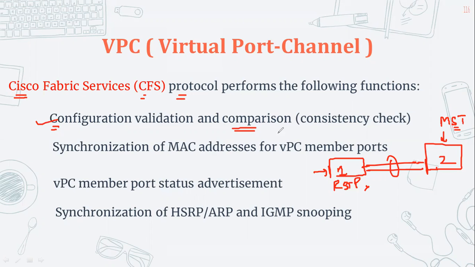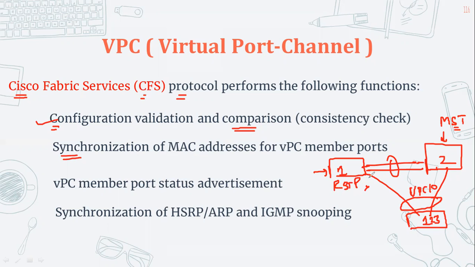Okay, and also it is responsible for the synchronization of the MAC addresses for the VPC member ports. So let's say these two devices are forming a VPC with one of your devices, let's say VPC 10.